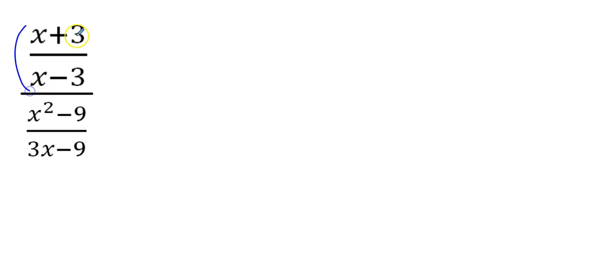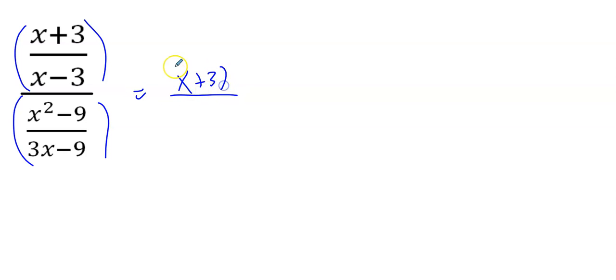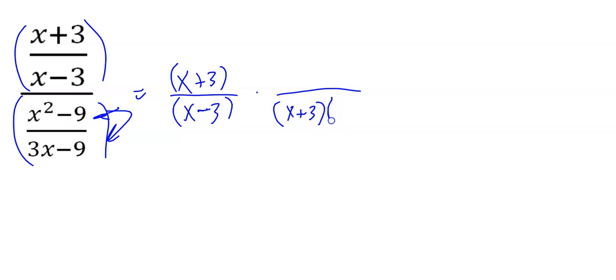Okay, so we've got a fraction divided by a fraction. So again, we're going to take whatever fraction is in the numerator, which is x plus 3 over x minus 3. Always put parentheses around those, just get in that habit. Now the reciprocal of the denominator, I'm going to go ahead and factor both of those. So in the denominator now, it's going to be the factoring of this numerator, which is x plus 3 times x minus 3. And I also see some factoring can be done with this one.